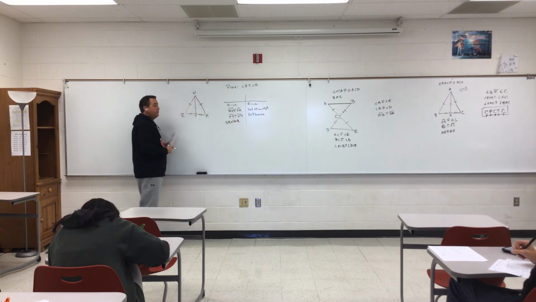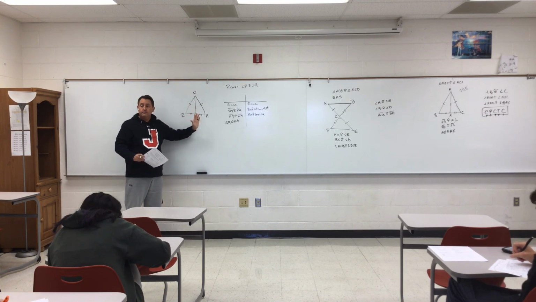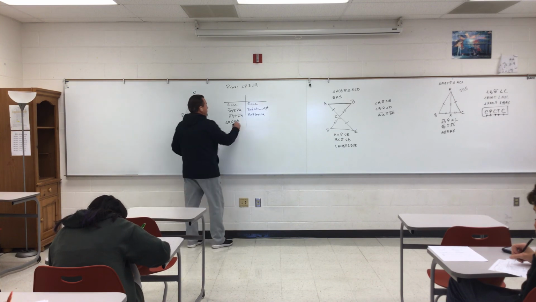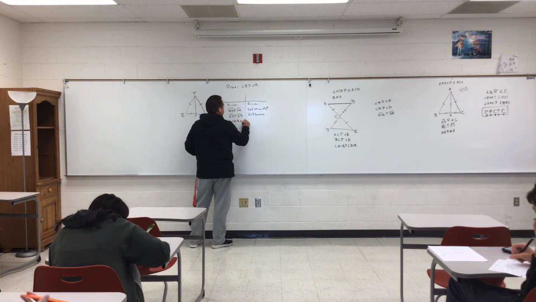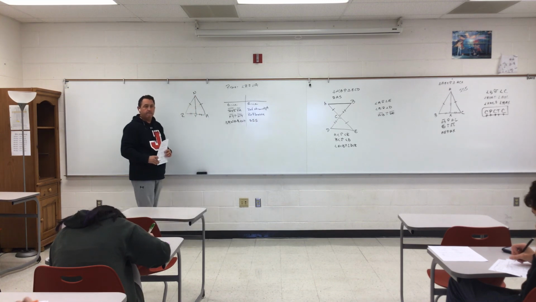But that means when I name this one RNY, I got to name the other one in that same order. So what would R match up with? A. So I'd go ANY. And my reason is side, side, side, right?